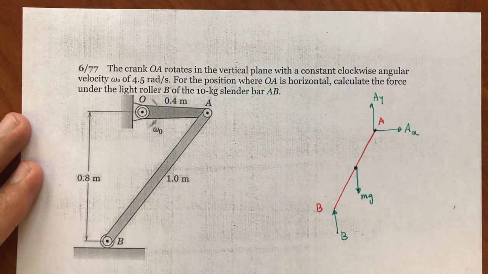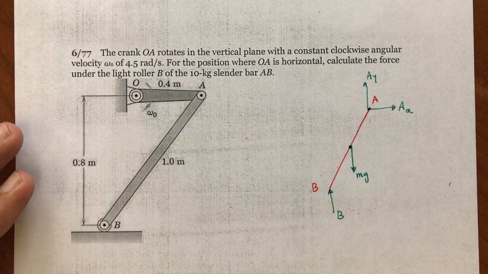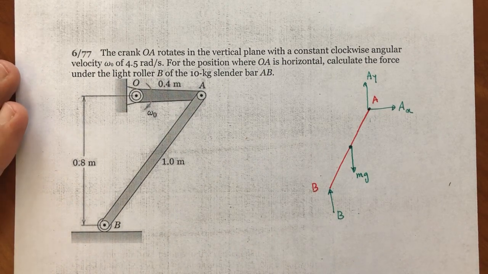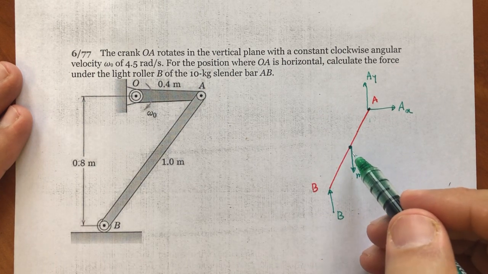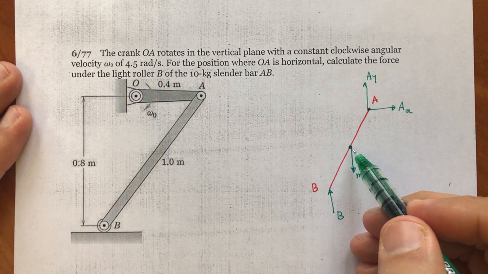And of course, we have the gravitational force on AB as well, mg. One of the methods you can use here is the D'Alembert method. You have different options, but D'Alembert is usually very helpful. It means I need to find the acceleration of the centroid and add an imaginary force here with the magnitude of mass times negative acceleration.